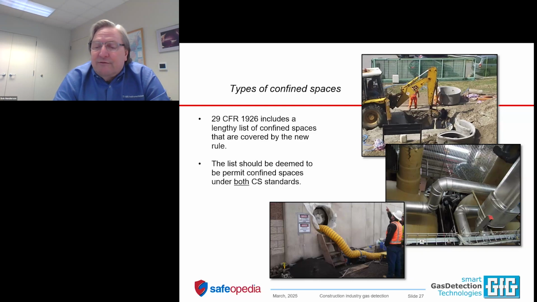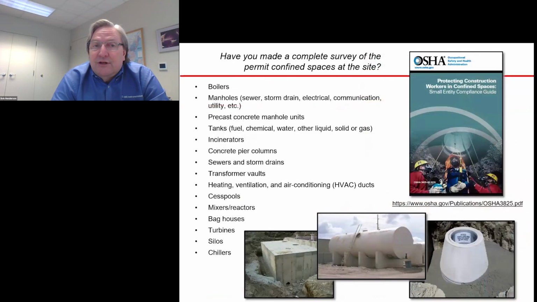So OSHA went out of their way to make sure, unambiguously, they have indicated what can comprise a confined space under the 1926 standard. If you look at the standard, and there are some excellent simplified English training materials on the OSHA.gov website, I'd urge you to download a copy.